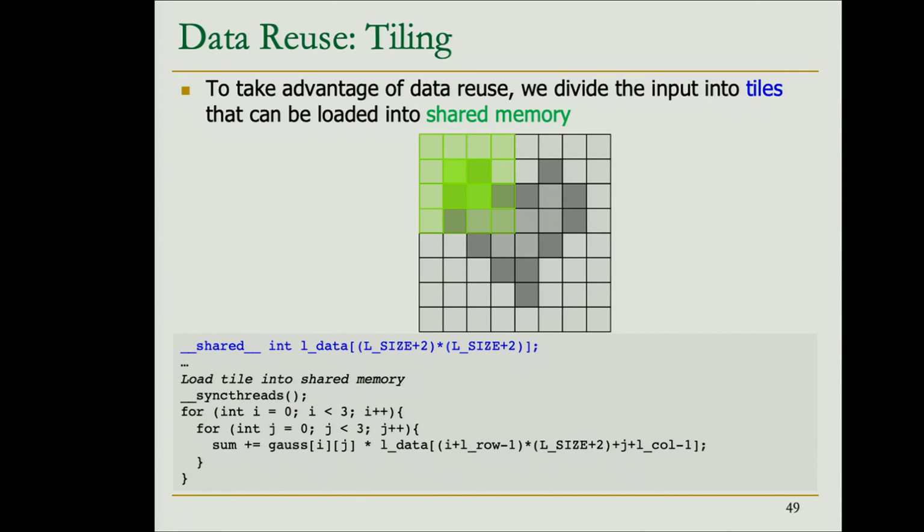Warp 0 will be reading, for example, this part. Warp 1 will be reading this part. And the only way to know that both finished loading from global memory into the shared memory is by using this local barrier, these sync threads.